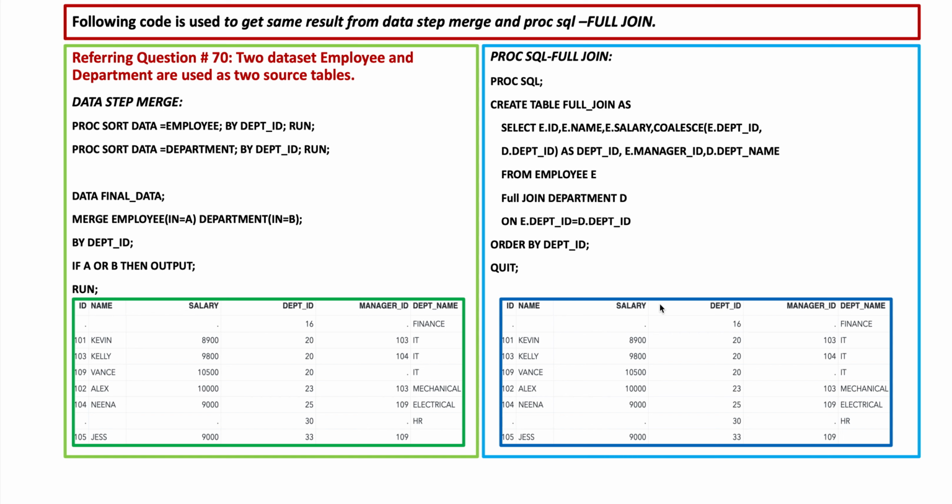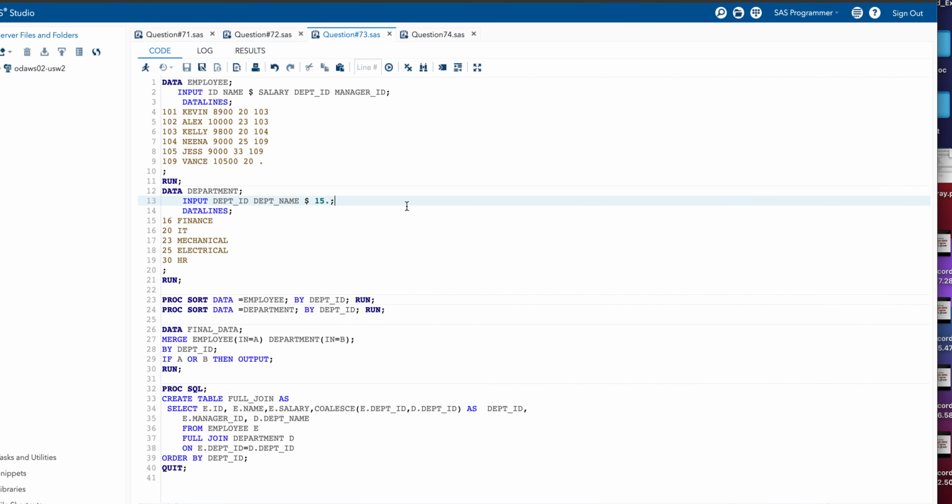Let me go to the SAS window and run the same program. This is the SAS window. It has multiple programs. The first two programs create two datasets, employee and department. The second two proc sort programs sort the data by department ID.